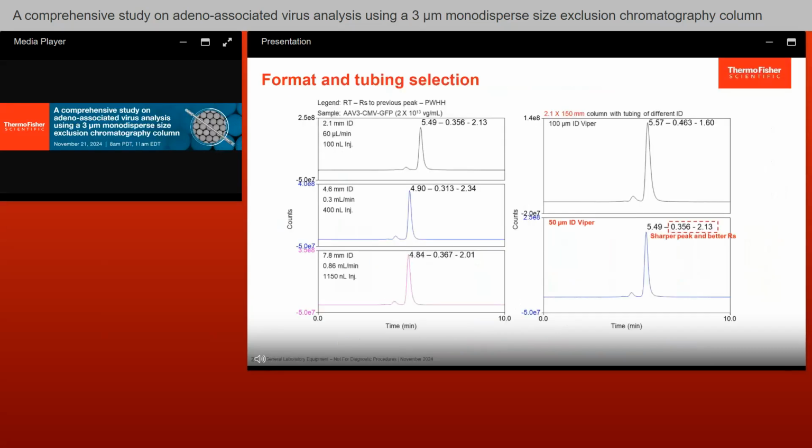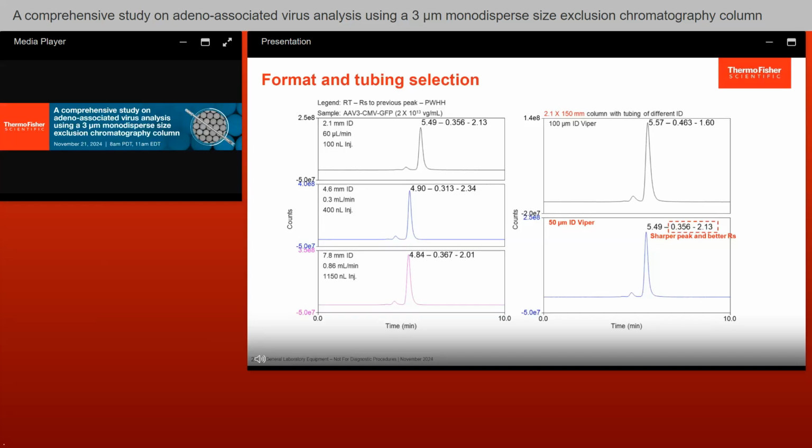In this slide, I want to talk about the format and the tubing selection. So this is more data about choosing the right capillary tubing. Here we have 2.1, 4.6, and 7.8 millimeter ID columns. Flow rate and injection volume are scaled based on the column ID.